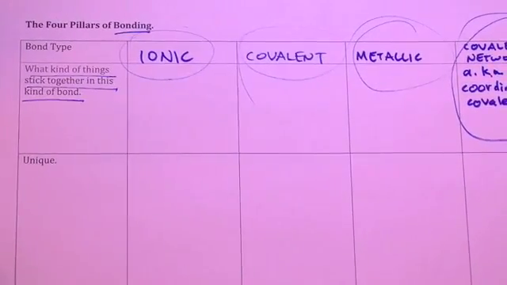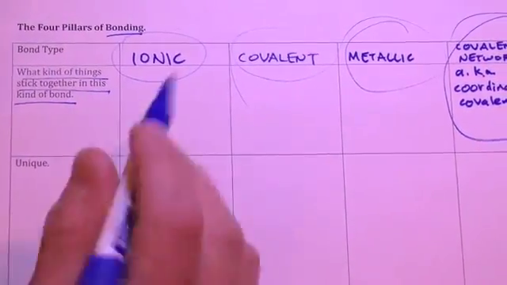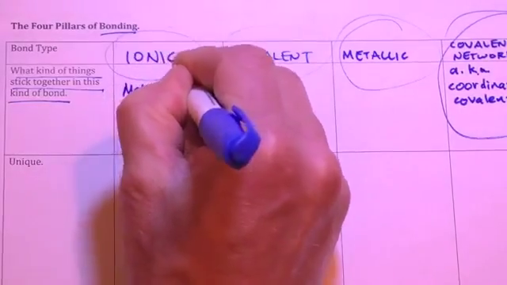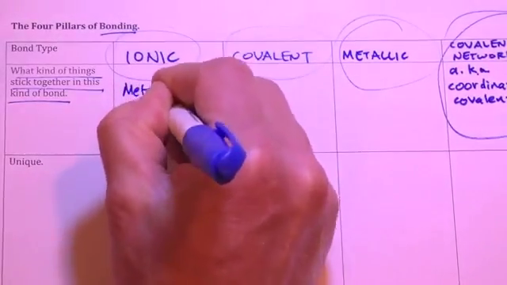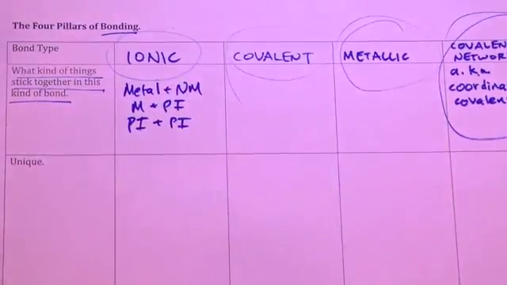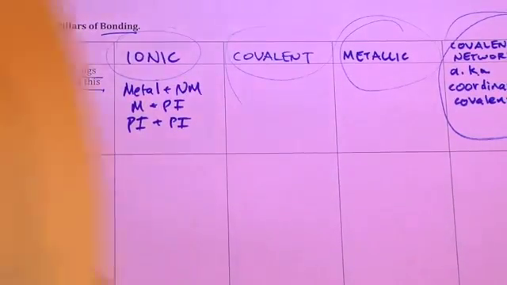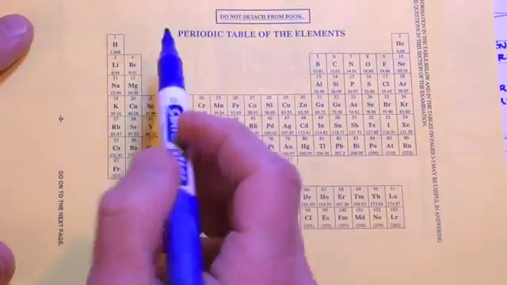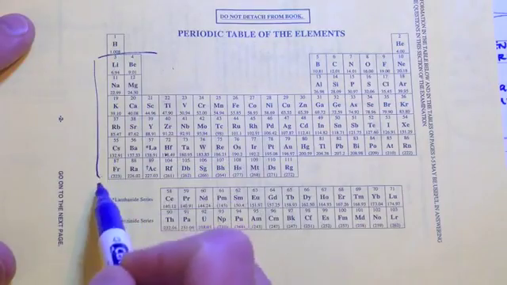So what types of things stick together to make this kind of bond? First of all, an ionic bond, it's a metal and a nonmetal, or a metal and a polyatomic ion, or 2 polyatomic ions. Now, if you forgot where the metals are on the periodic table, have a periodic table out near you. The metals are over here on the left-hand side of the periodic table.